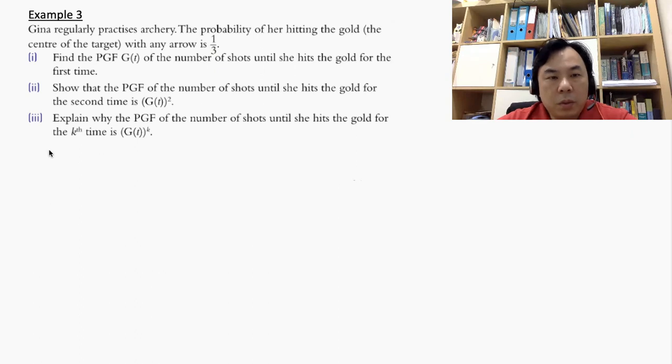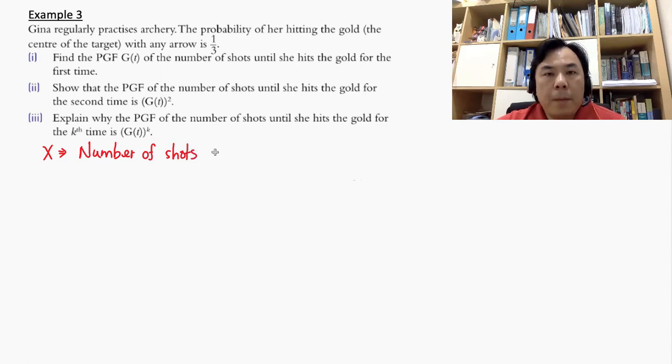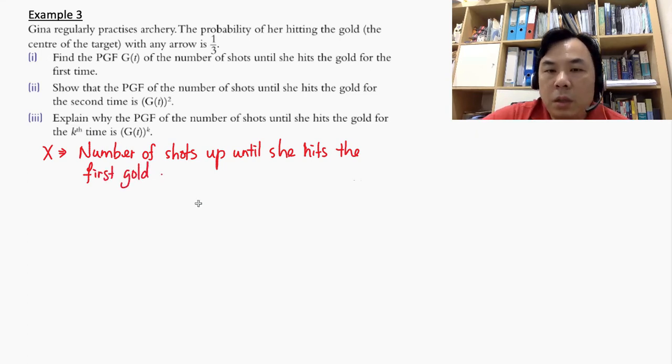Before we start with this, we have to label what the X actually represents. X represents the number of shots until she hits her first goal.